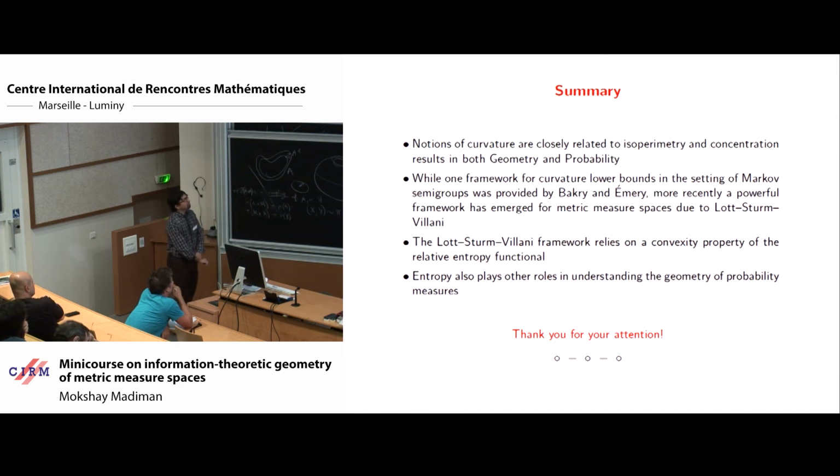I wanted to show why notions of curvature are closely related to isoperimetry, and I didn't really say anything about concentration in both geometry and probability, and that while one framework for curvature lower bounds was provided by Bakry and Émery, this more recent framework of Lott, Sturm, and Villani is very powerful and applies to the setting of metric measure spaces. And it relies on this convexity property of the relative entropy functional.